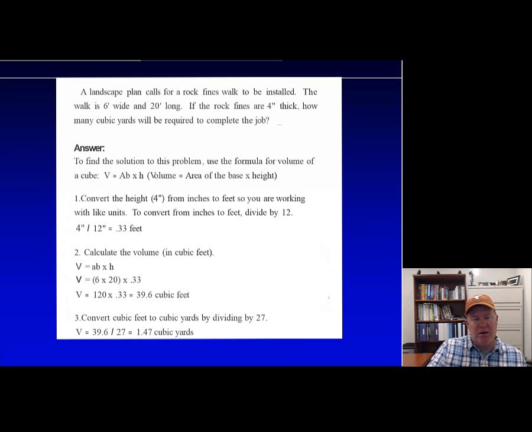So it would take a truck and a half load of, well, not concrete, of rock dust. We'd go to the quarry and get 1.5 cubic yards of rock dust or rock fines.